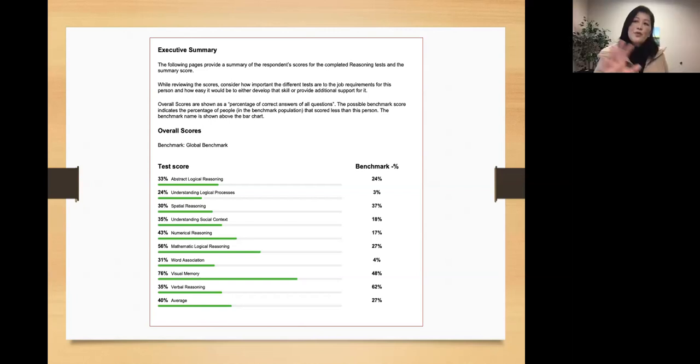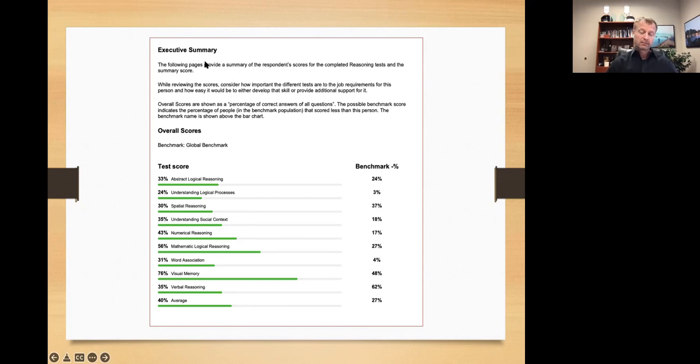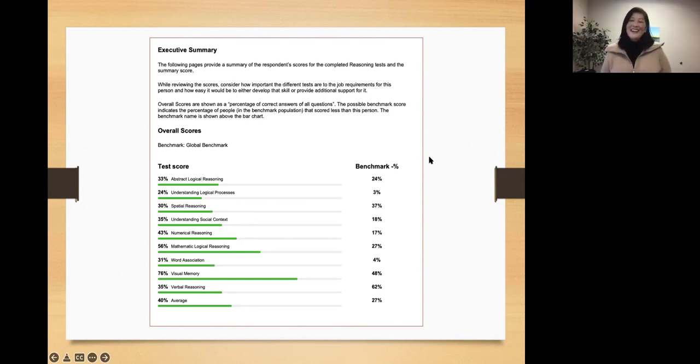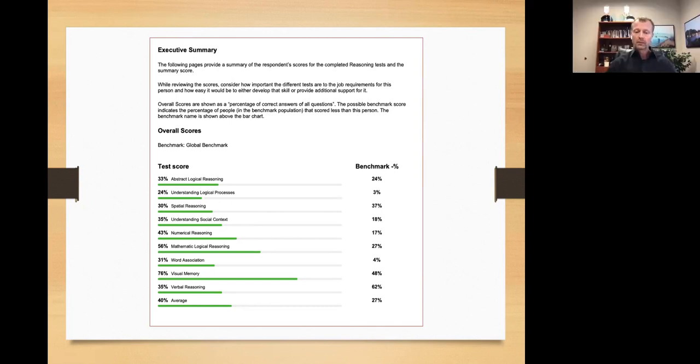Just before we move on, there was a really good question. Philip asked, is there a way to account for test anxiety or learning needs? Well, I remember testing anxiety from school. A certain subject gave me more anxiety. That is part of any test, that some individuals get more nervous.